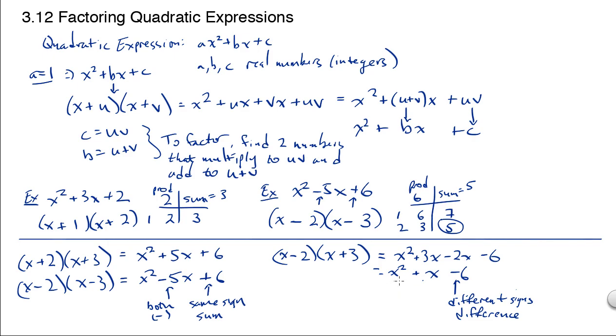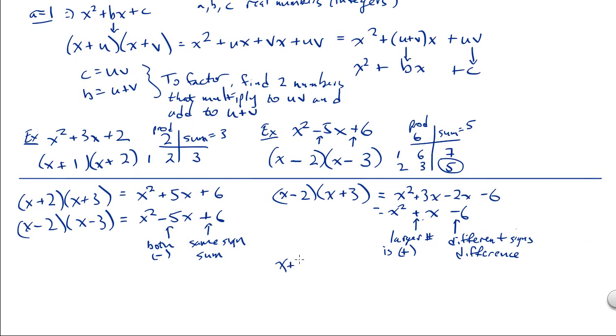In this case, this is negative 2 and positive 3, which gives us a positive sign on the middle term. And that basically says we're taking a difference of a positive number and a negative number. Well, the bigger number is going to win the tug of war here. The larger number is positive. Let's look at what happens if they switch signs.